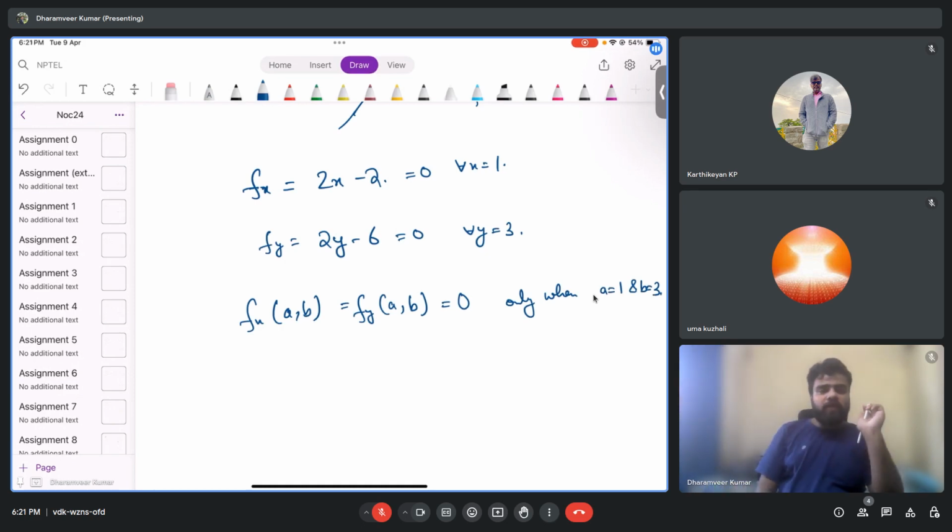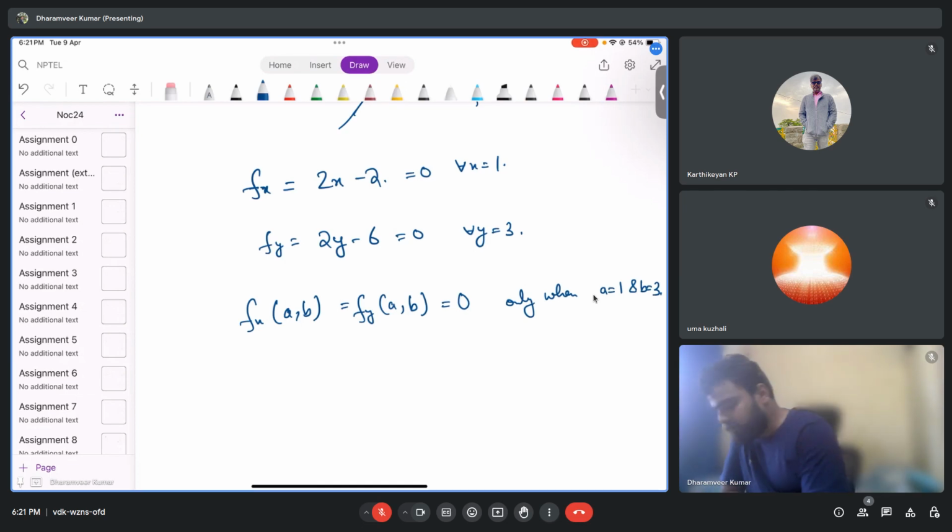Do we need both the derivatives to be 0? Okay. We need both the derivatives to be 0, right?